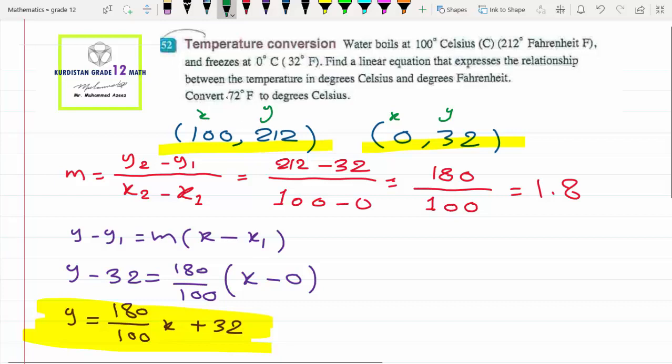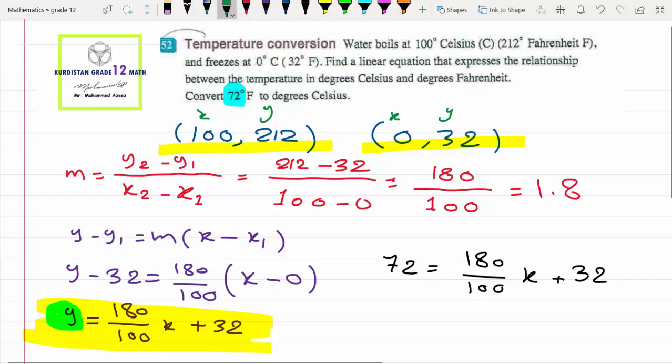So when the question says 72 degrees Fahrenheit, we're going to put this 72 in place of y, because we put Fahrenheit as y. To do this, 72 is equal to 180 over 100 x plus 32. All we have to do, we need to find the value of x, because we chose x as the Celsius degree.